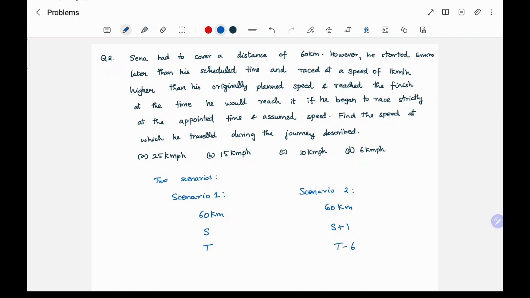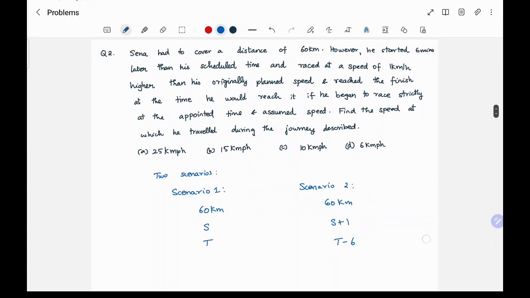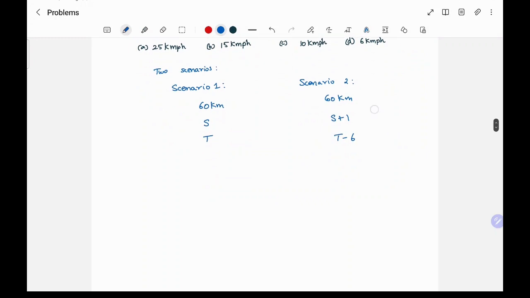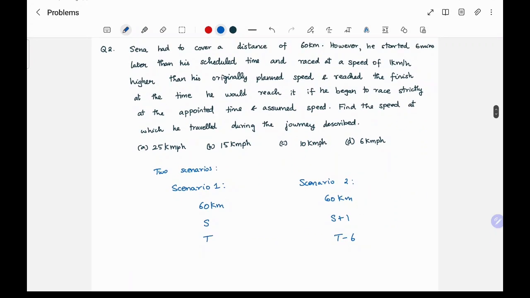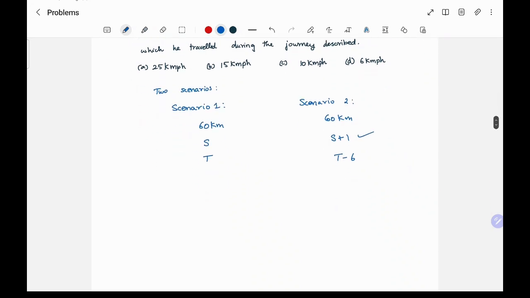So it is t minus 6 because the 6 minutes he is not doing anything. So it is equivalent to saying he covered the entire distance in t minus 6. And what are they saying? So this is the information given, and we need to find the speed at which he traveled during the journey described. So scenario 2 is what they described, right? So we need to find s plus 1.